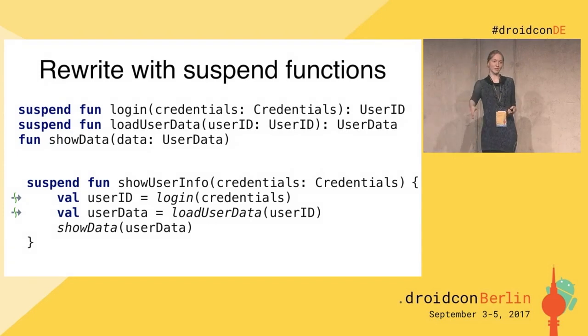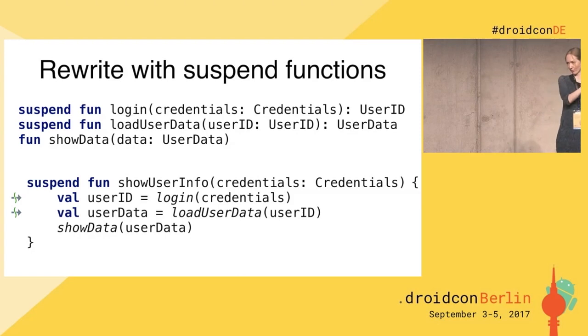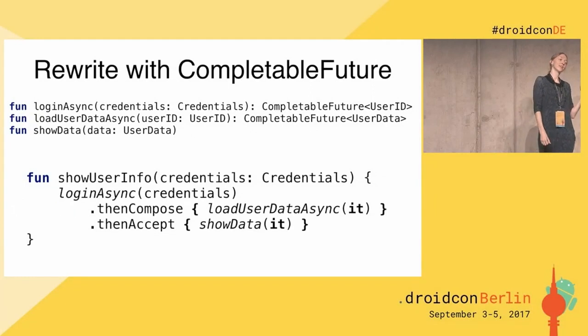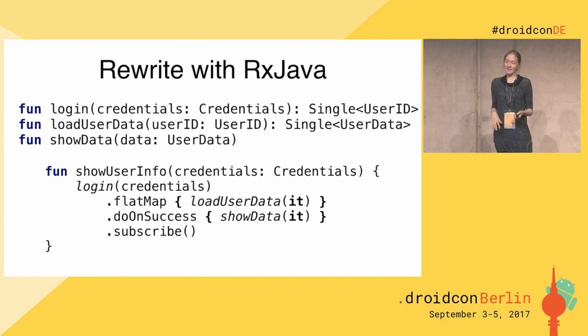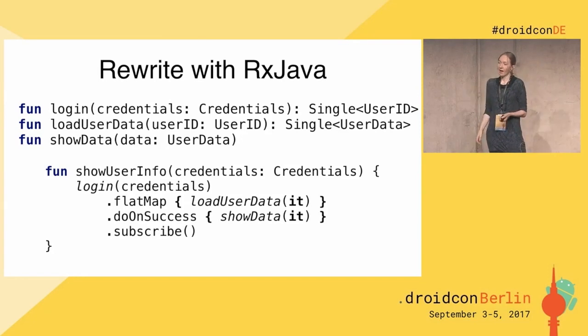We rewrote this with a suspend function. It looked very similar to the straightforward naive version that you write by hand when you first look at the problem. It can be rewritten with CompletableFutures, with a bunch of operators. It can be written with RxJava, with a bunch of operators, and with the callbacks that provide all these operators.